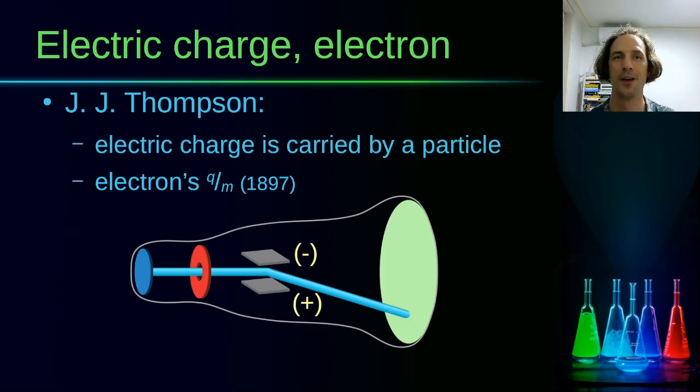What he found is that when he has a negatively charged particle beam, that particle beam will always have the same Q to M charge-to-mass ratio, independent of what material his electrodes are made of. But if he made a positively charged beam, in that case, the charge-to-mass ratio would depend on what element the electrode material was.